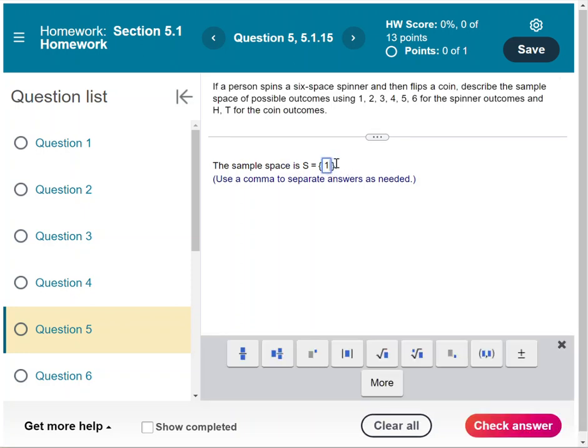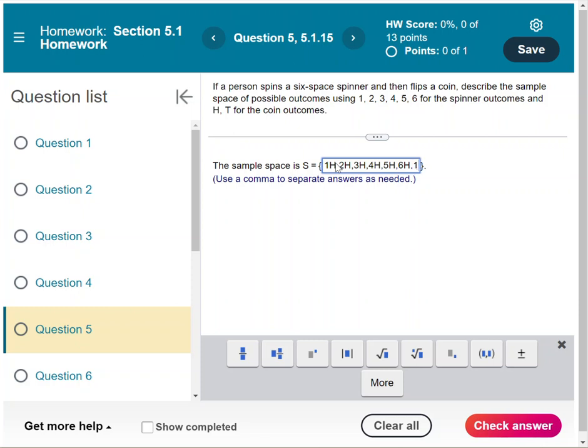So you could get a 1 and a head, 2 and a head, 3 head, 4 head. Notice we're supposed to separate our answers with commas, and 6 heads. And then we could get 1 through 6 with the tail as our outcome when we flip the coin.